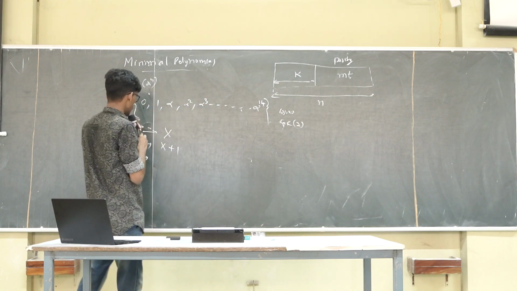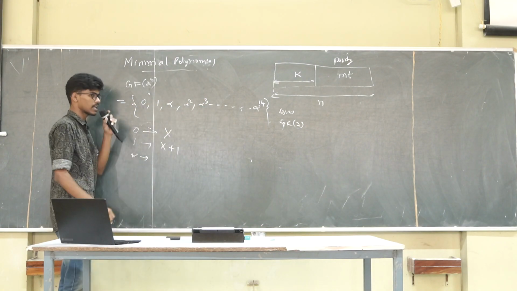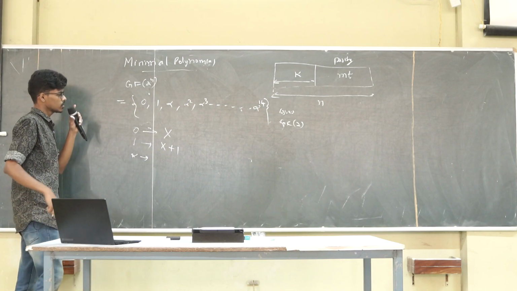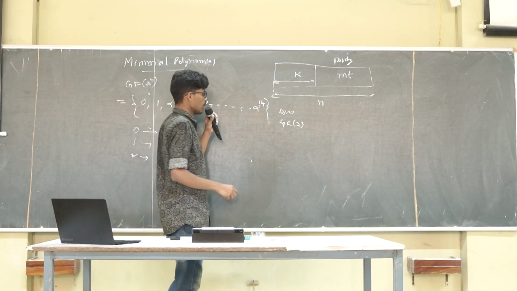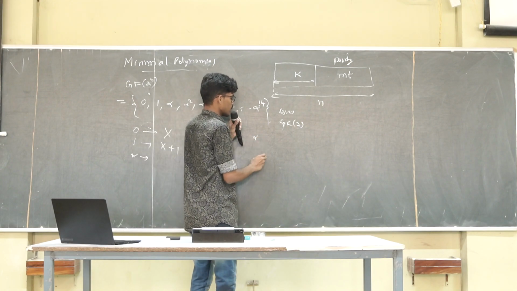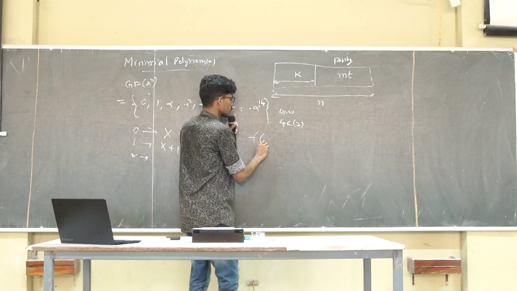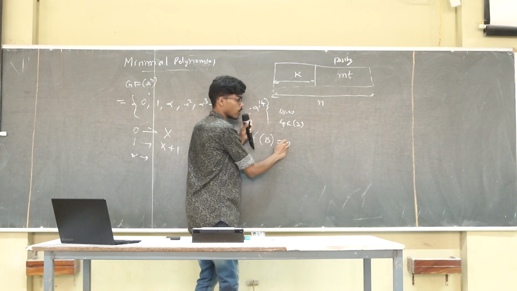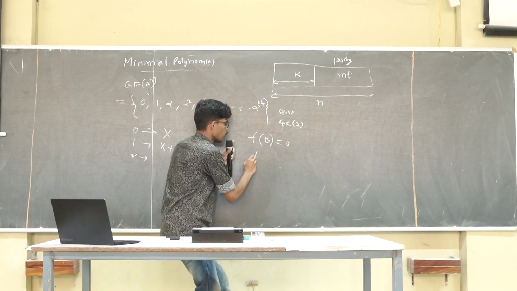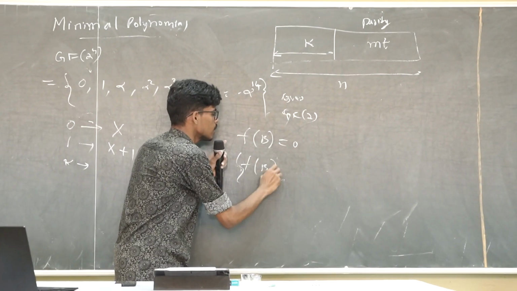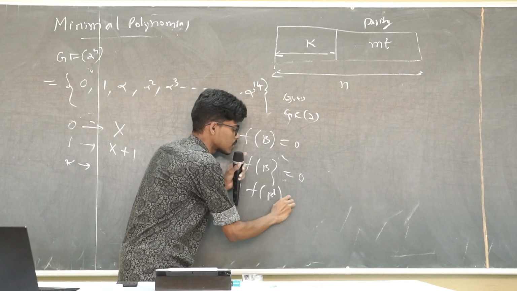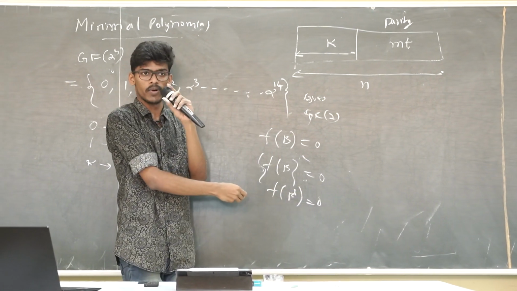But we are dealing with the minimal polynomial. To find the minimal polynomial, I told you that over GF2, if f of beta is equal to 0, then f of beta square will also be 0. This we have proved.